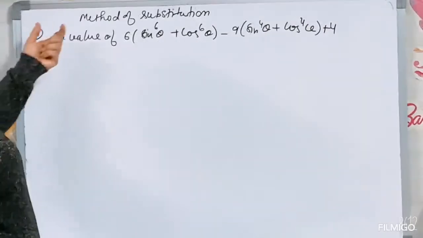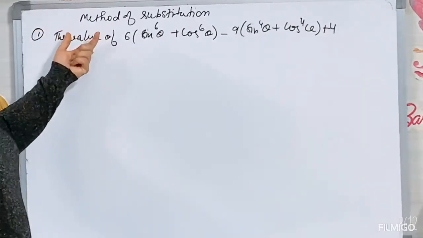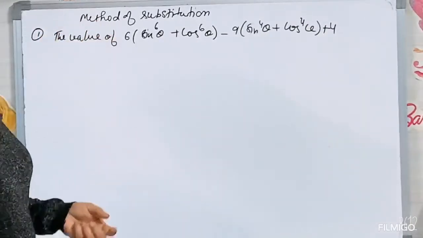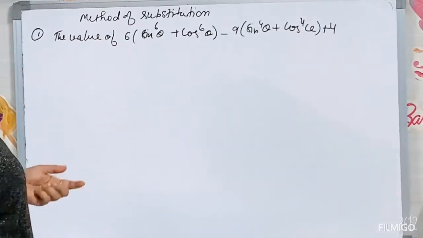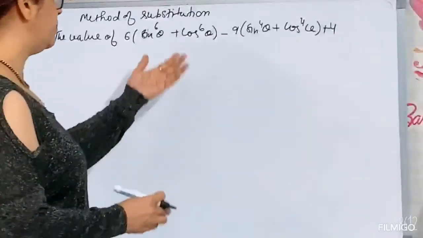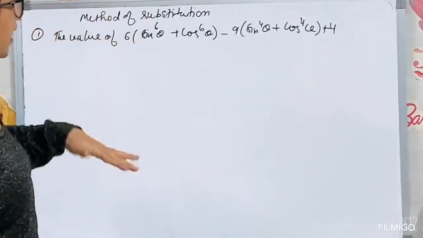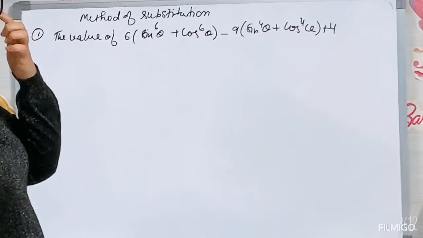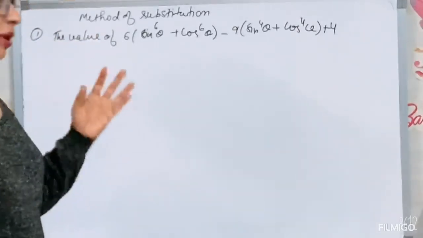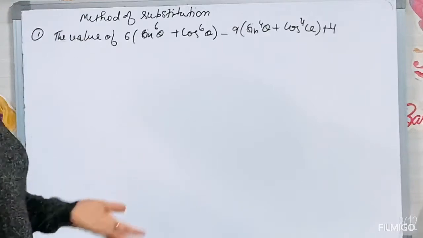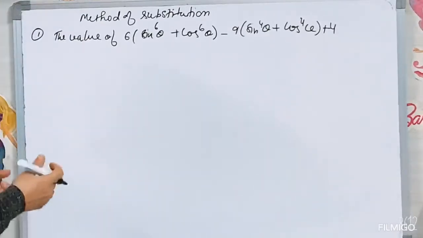Now the next thing for the short tricks is the method of substitution. The first one is the value of 6 into sin to the power 6 theta plus cos to the power 6 theta minus 9 of sin to the power 4 theta plus cos to the power 4 theta plus 4 is what? If you solve this question, there will be a long procedure, but for the competition, again the same thing we need to think of.